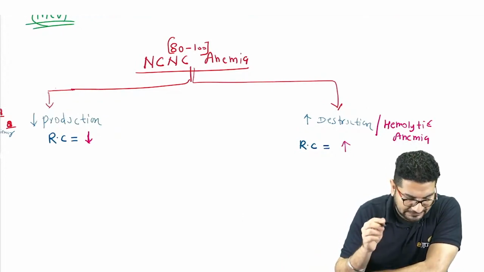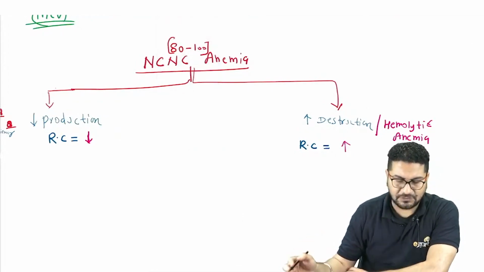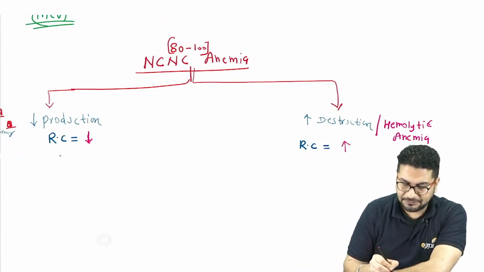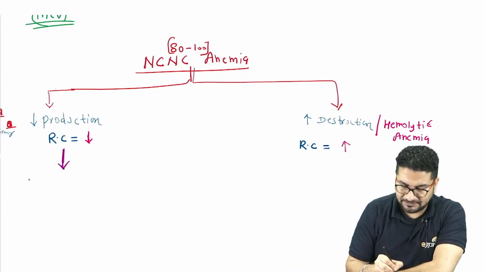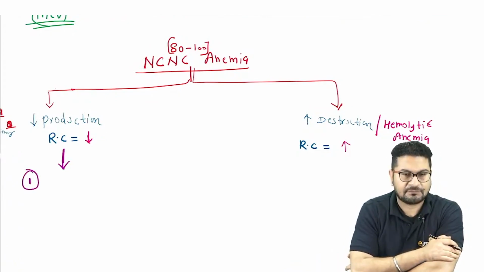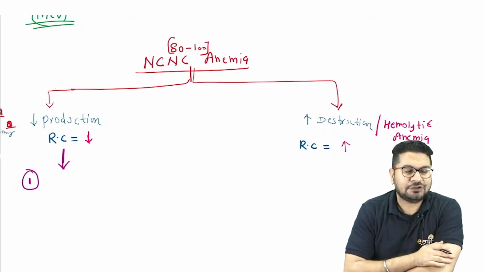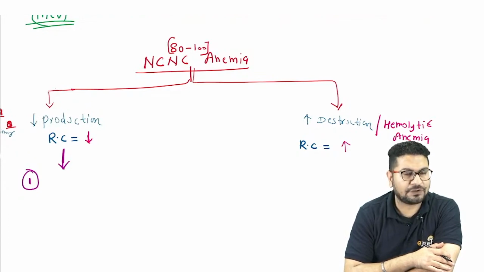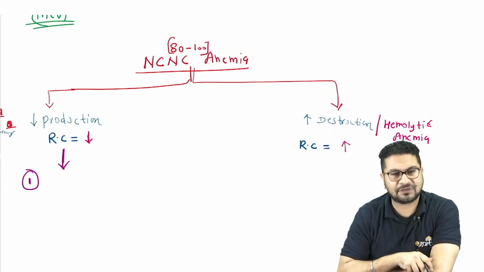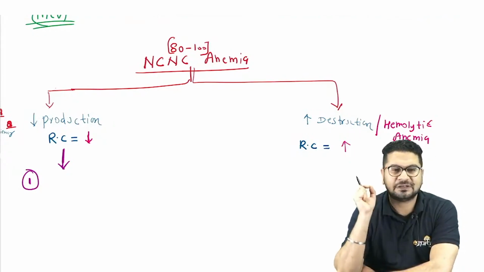Now just try to understand this. If I say decreased production, it means there is decreased production of RBCs. For erythropoiesis, meaning synthesis of RBCs, you need a signal. That signal is coming from the kidney. Kidney produces a hormone called erythropoietin.